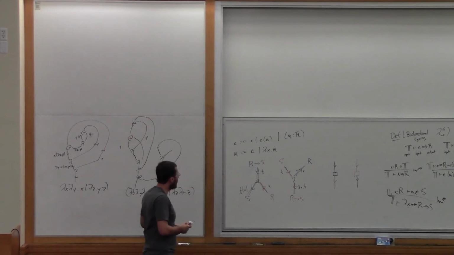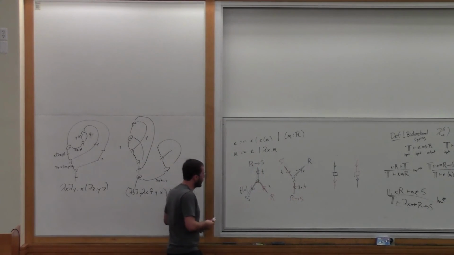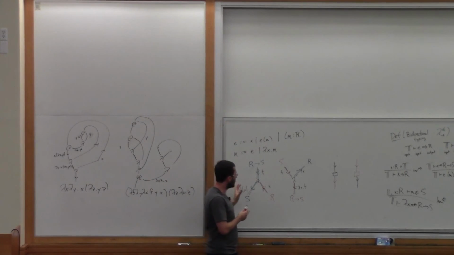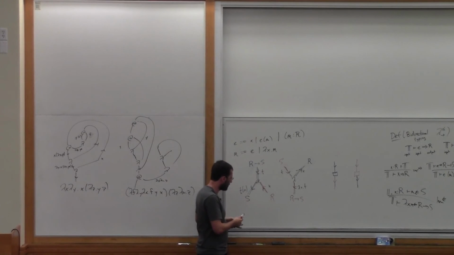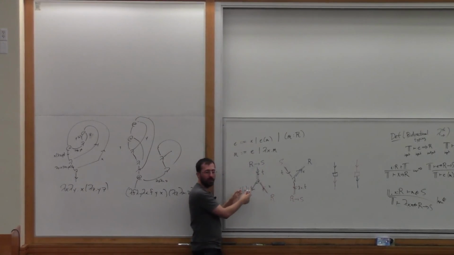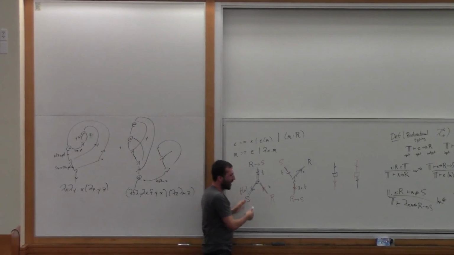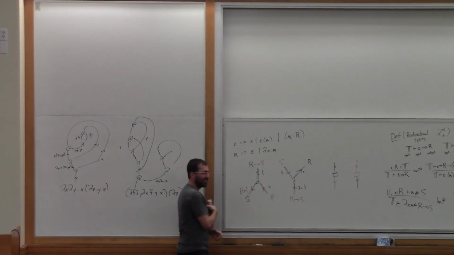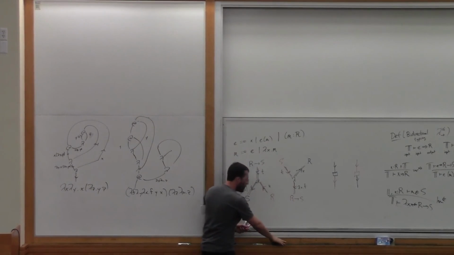So the cute thing is that if you draw your lambda terms like this, and you color them in, and then you look at the red wires, and you reverse the direction.